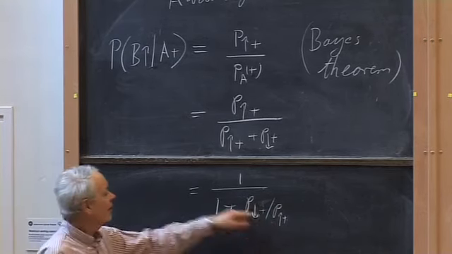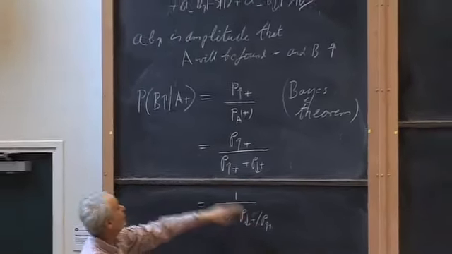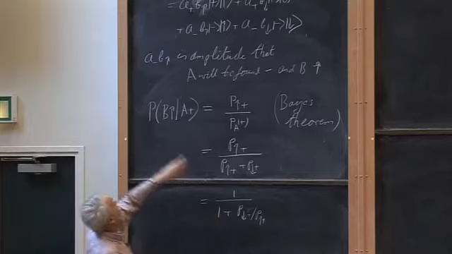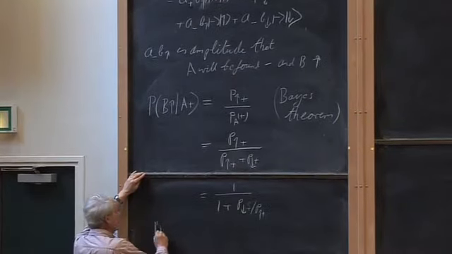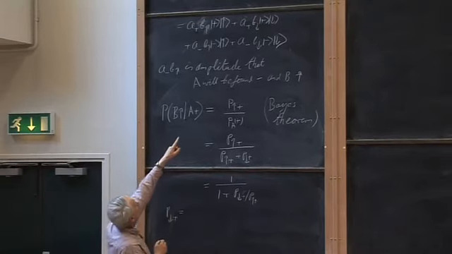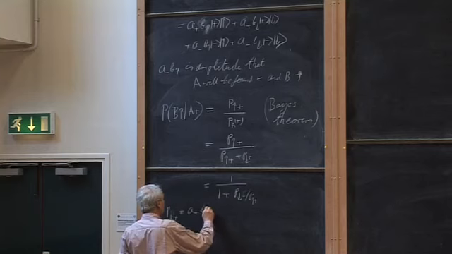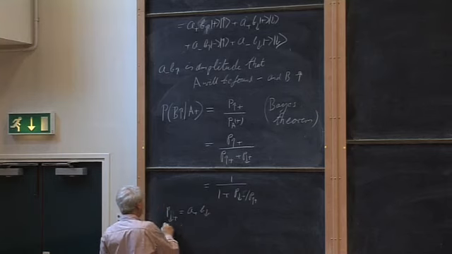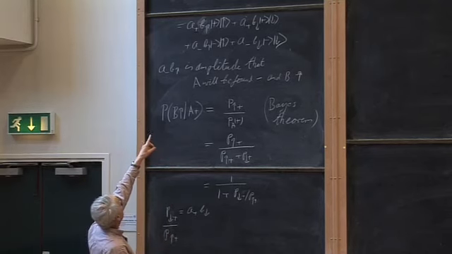What about this? Let's go back to that expression up there. What's this probability in terms of those amplitudes? P down, down and plus is equal to A plus B down, and P up plus is A plus B up.